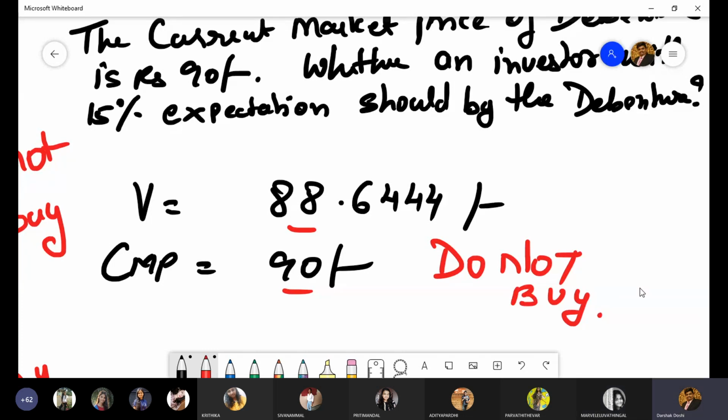So write a statement. Since the bond price is higher than bond value, investor should not buy at current market price.